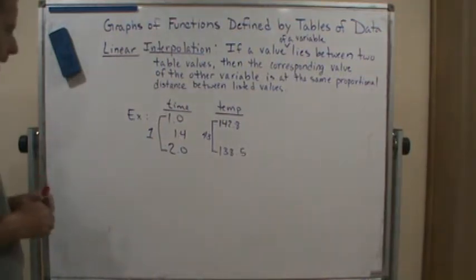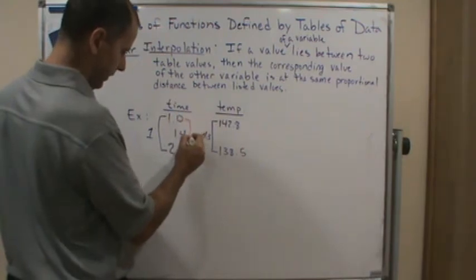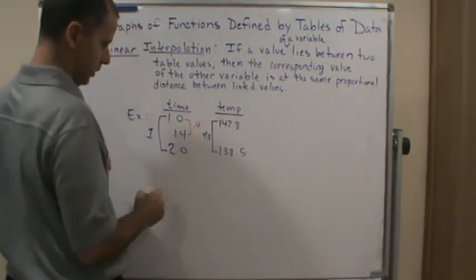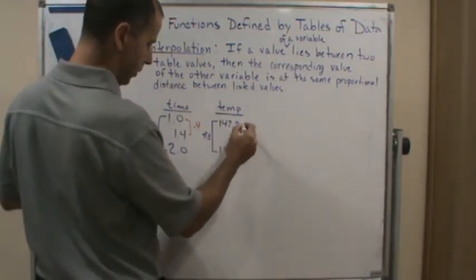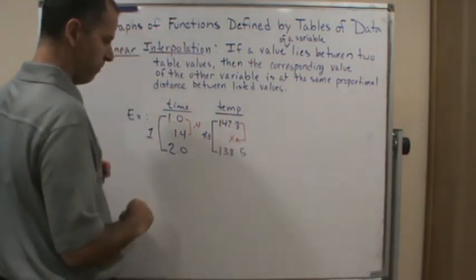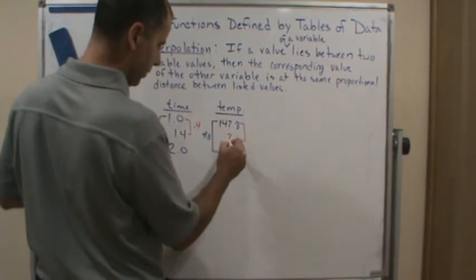So this distance, which is 0.4, is going to be proportional to this distance, whatever this value is.